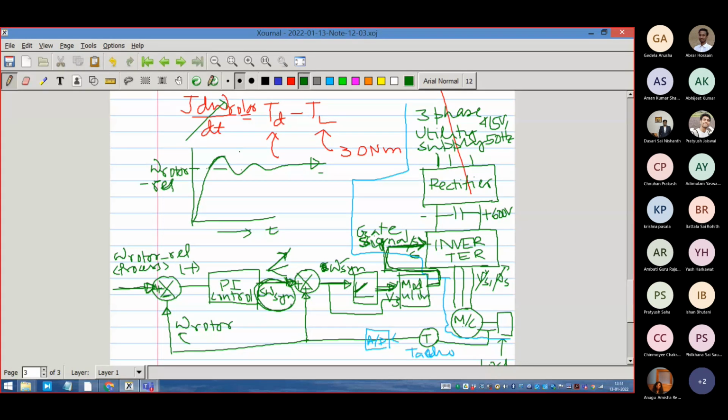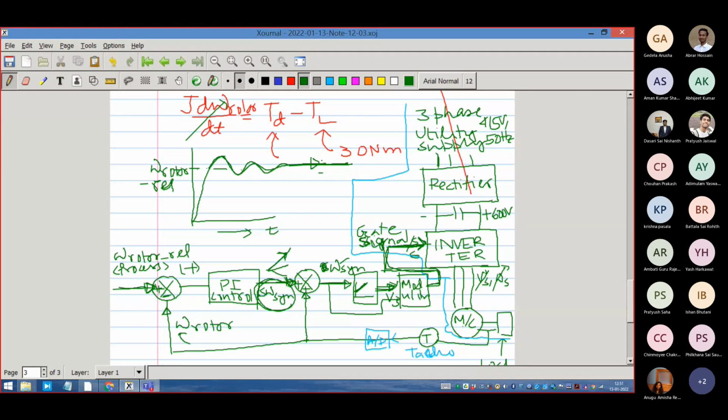So then omega sl was negative, and when it was negative, it was producing torque in the other direction. Therefore, the speed had to reduce. This will continue, and eventually it reaches the correct amount of speed.